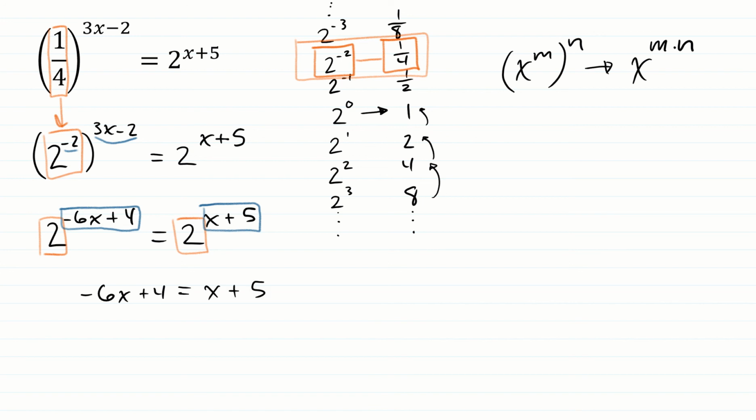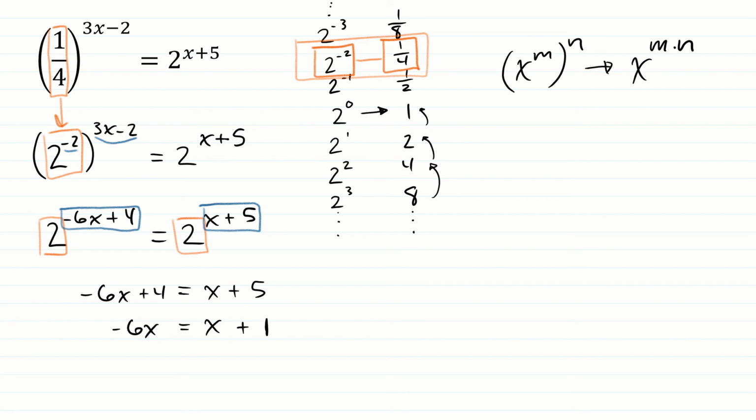Okay, let's take away 4 from each side. I just subtracted 4 from both sides. I had a 4 on the left, and I had 4 more on the right, but I took 4 away. Now I'm going to subtract an x from each side.